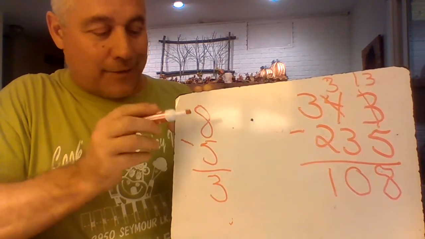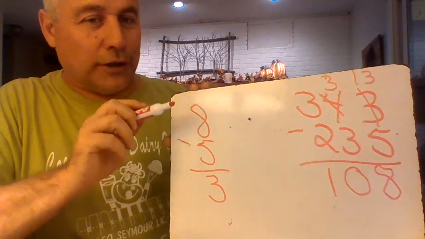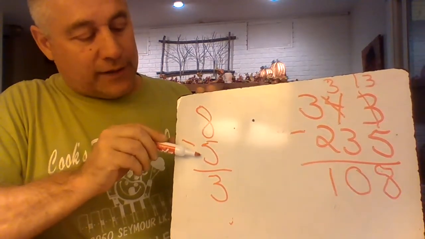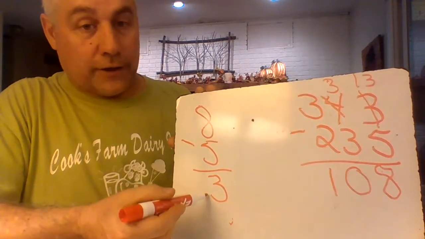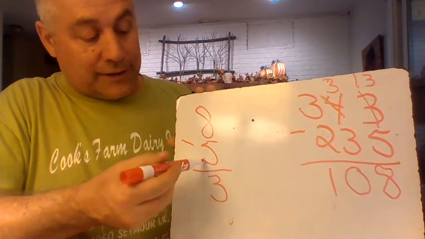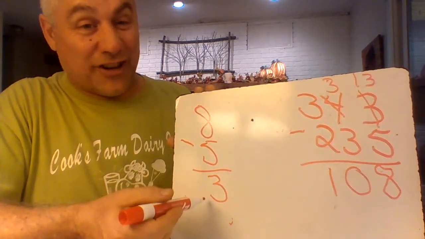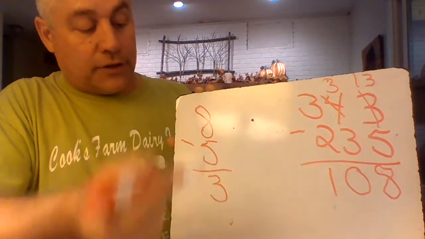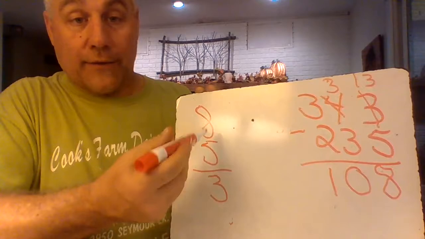Now, I talked about this one time. I said you don't have to worry about really learning it yet, but this number is called your minuend. This is the subtrahend, and this is your difference. If you turn your subtrahend and your difference into 2 addends, then this should be your sum. And 3 plus 5 is 8.